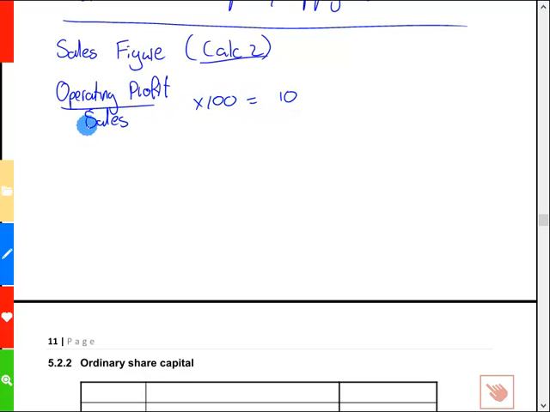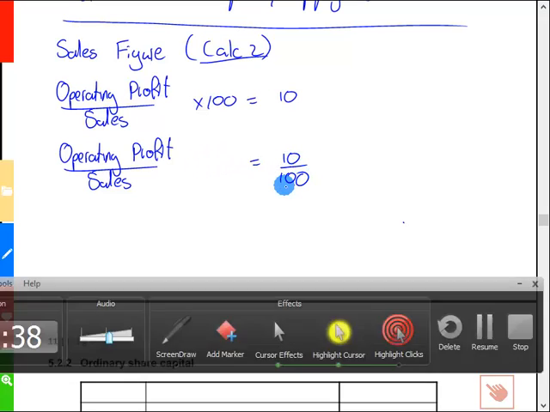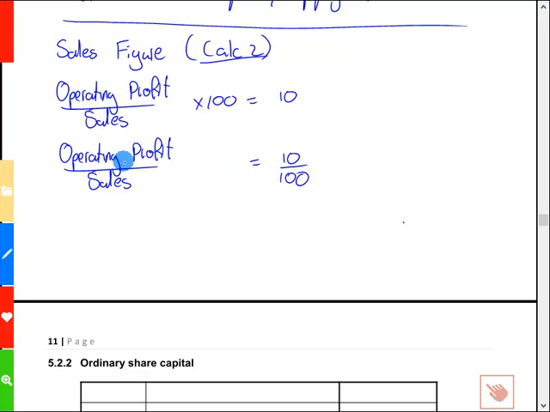Right. So if we simplify this further, we divide both sides by 100. This becomes 1, and this becomes 10 over 100. All right. So then we've got operating profit over sales, then becomes 10 divided by 100 is 0,1.